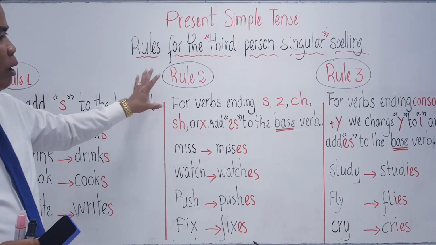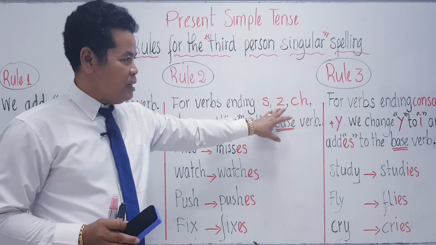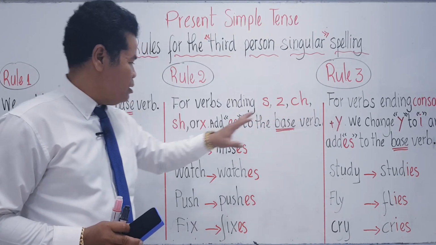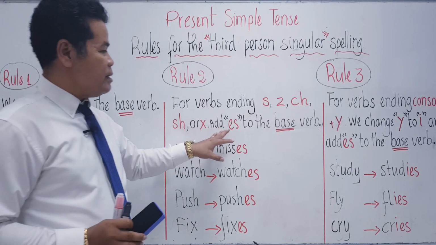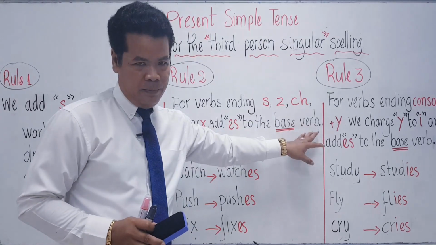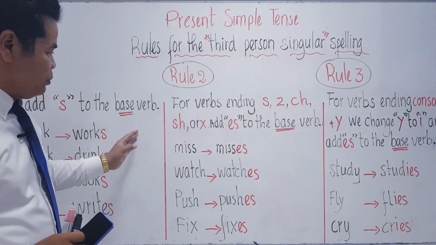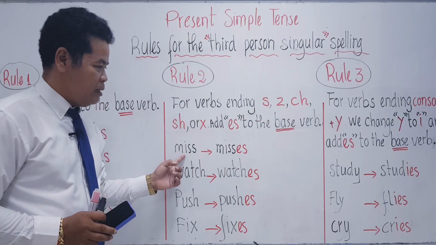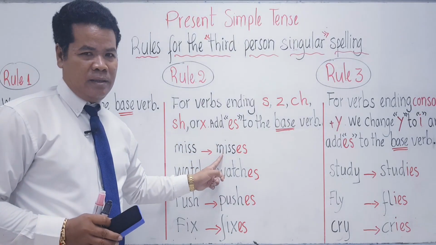In rule number 2, for verbs ending in s or z, ch, sh, x, we add es to the base verb. For example, miss, you go to third person singular, misses.